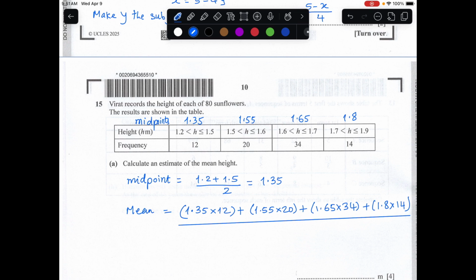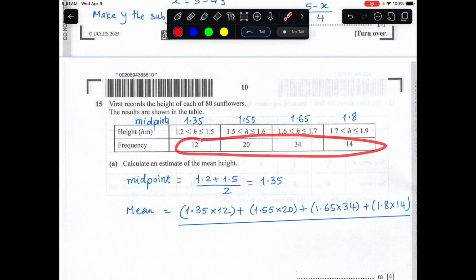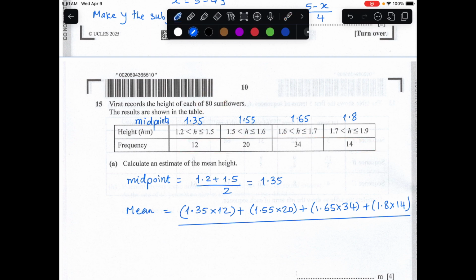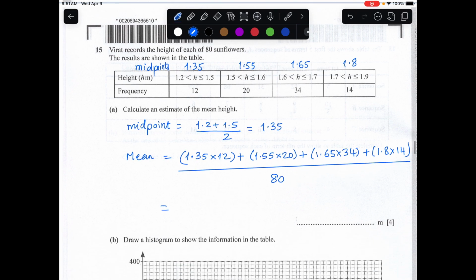So you add all these frequencies, which is 12 plus 20 plus 34 plus 14, that gives me 80. If you did not add that, you can also get the answer from here, which is 80. So divide by 80. Now use your calculators to work out the answer.